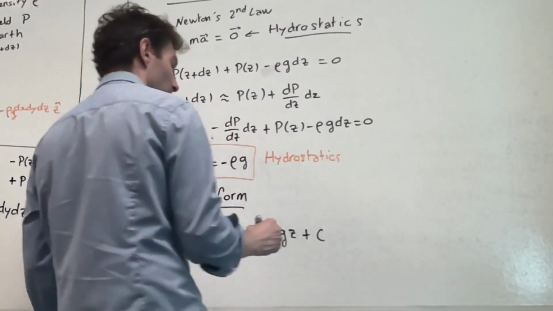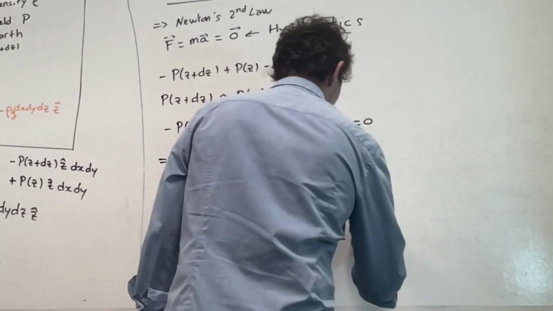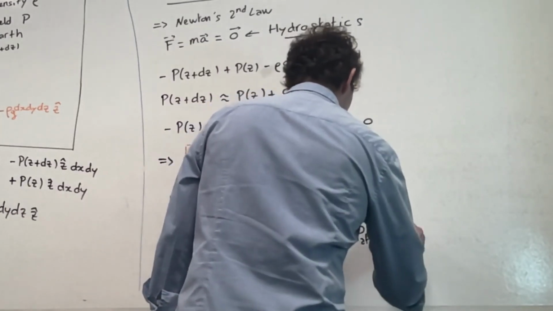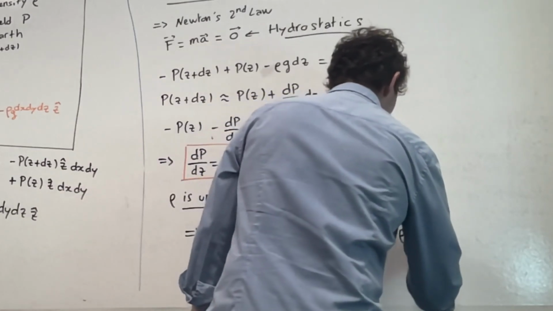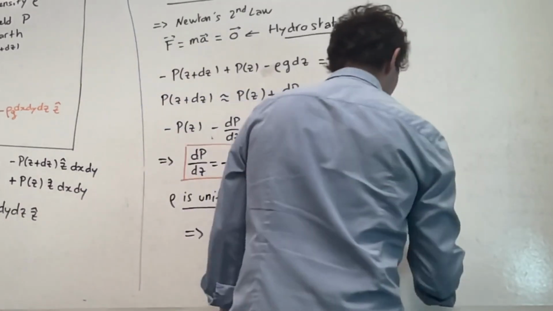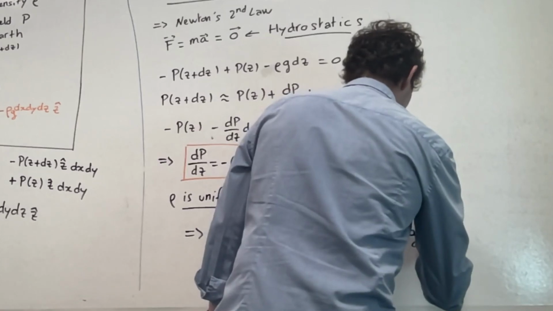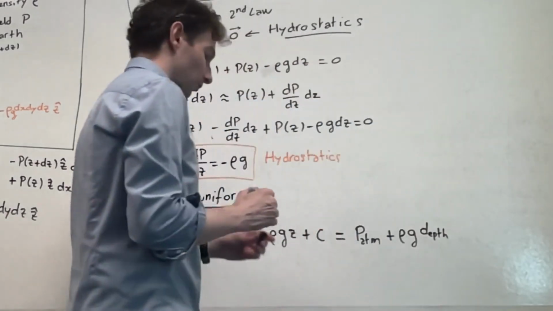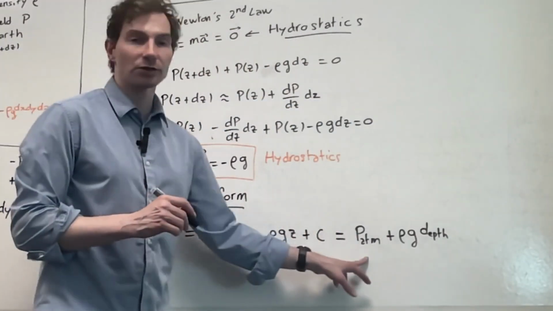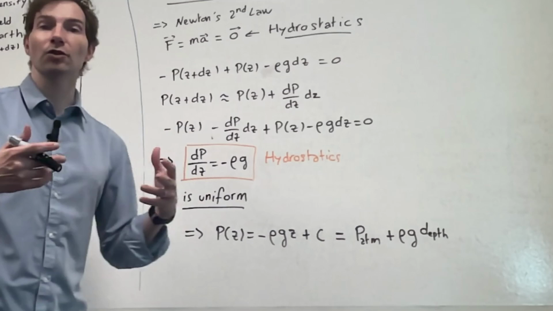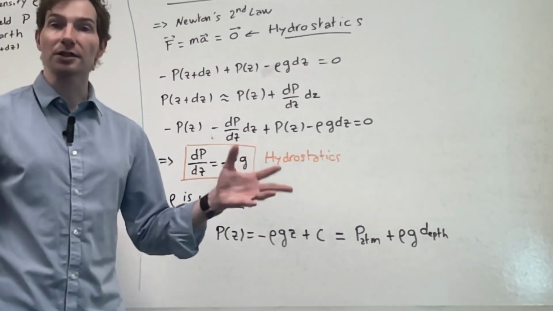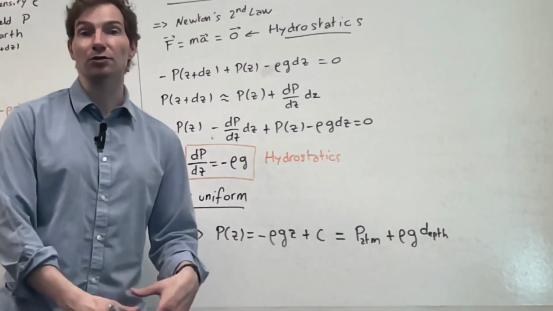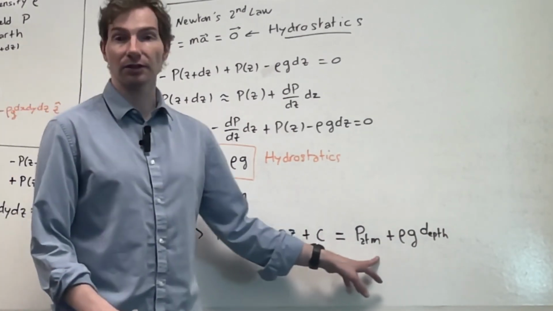So for example, one possibility would be to say that that would be the atmospheric pressure and then plus rho g d, for depth. So that's a traditional equation that people would use if you have a swimming pool, for example, and you want to know what is the pressure at the bottom of the swimming pool.